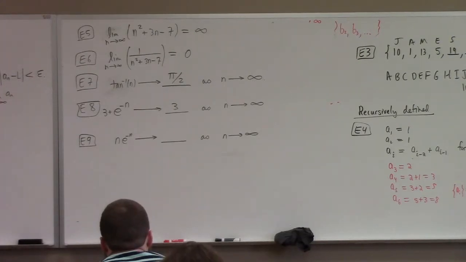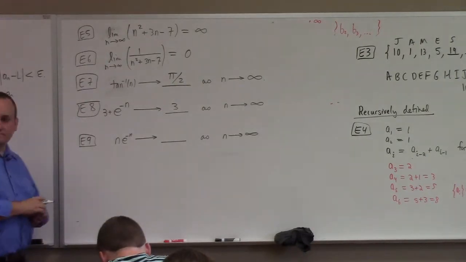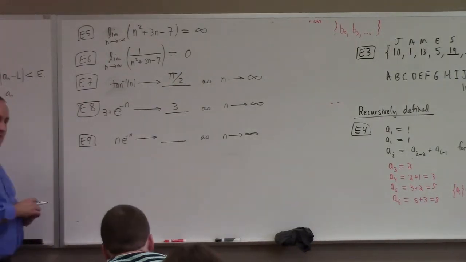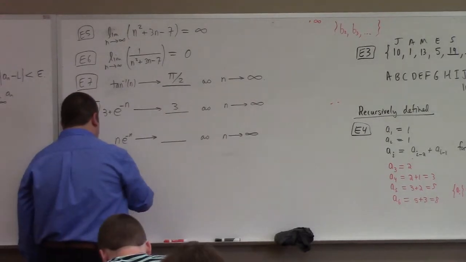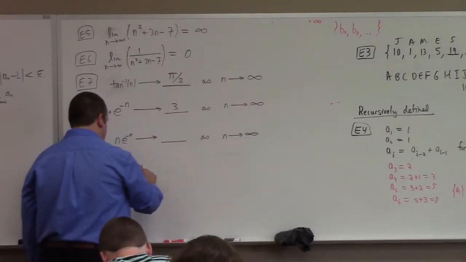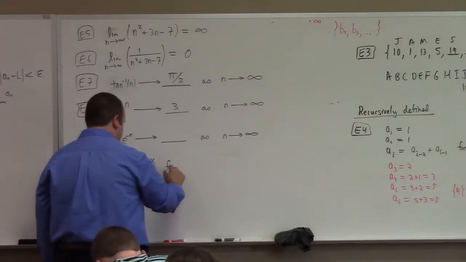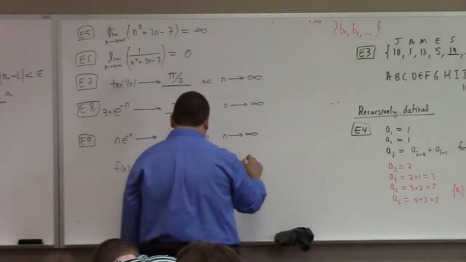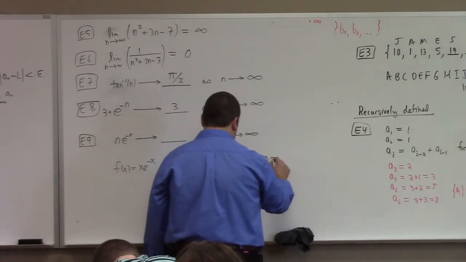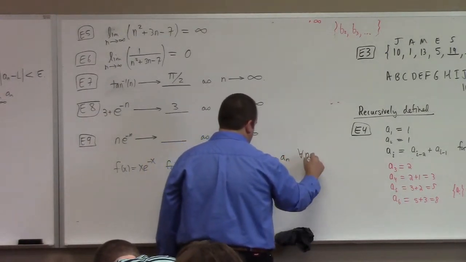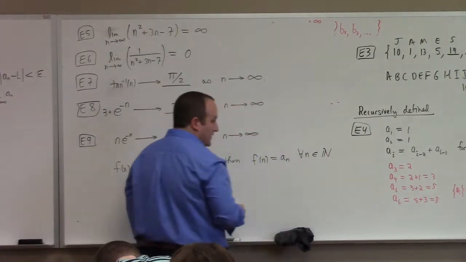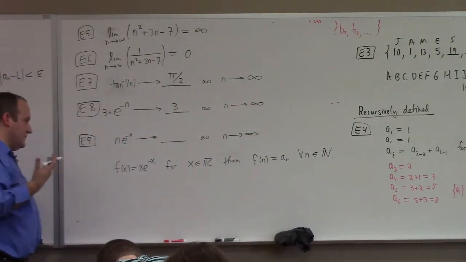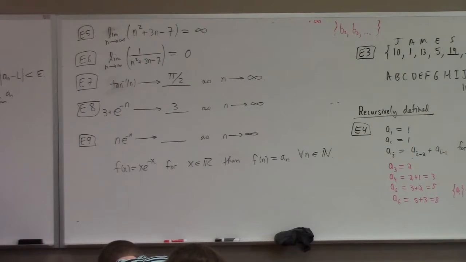I've got another picture to draw over here, by the way, guys. Getting back to it. How about this? It is an indeterminate form. Let's think about this. So if we have f of x equals x e to the minus x, for x in the reals, then f of n is equal to a sub n for all n in the natural numbers. So this is a continuous real valued function which matches the sequence at whole numbers, right?